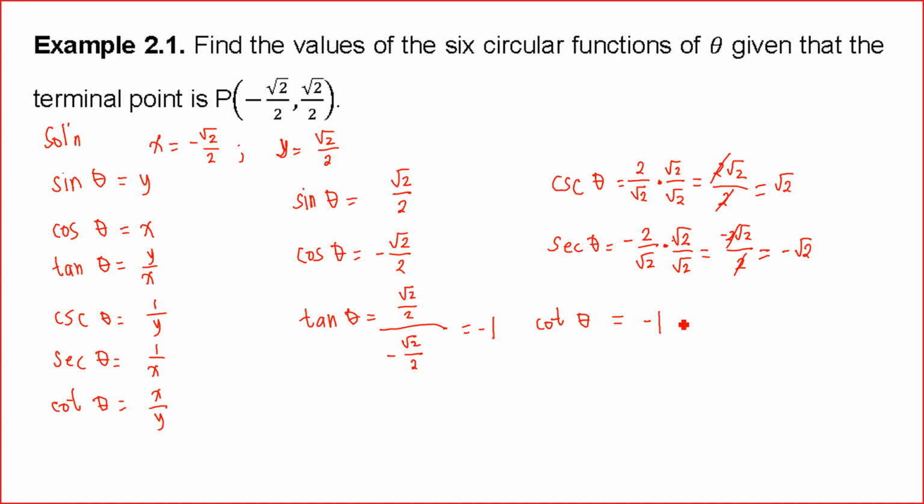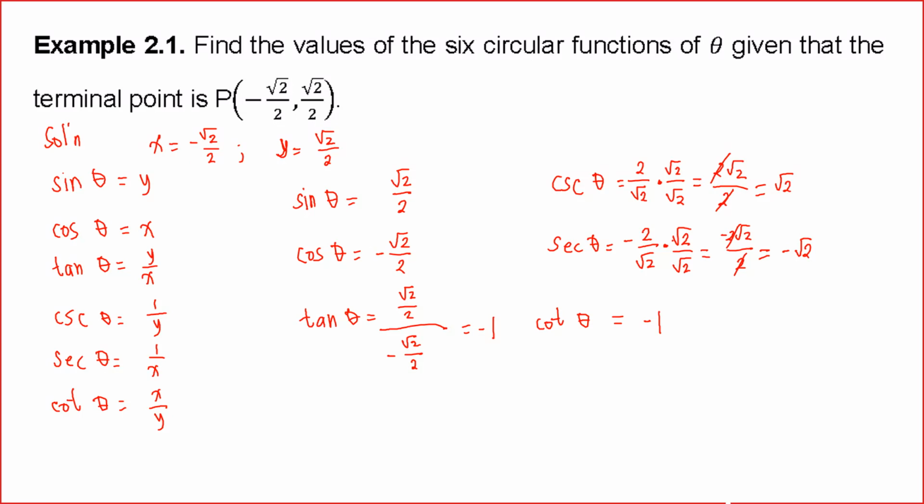Therefore, the 6 circular functions of theta, given the point negative square root of 2 over 2, square root of 2 over 2, are: sine theta is equal to square root of 2 over 2, cosine theta is equal to negative square root of 2 over 2, tangent theta is equal to negative 1, the cotangent theta is negative 1 also, the secant theta is negative square root of 2, and the cosecant theta is equal to square root of 2.